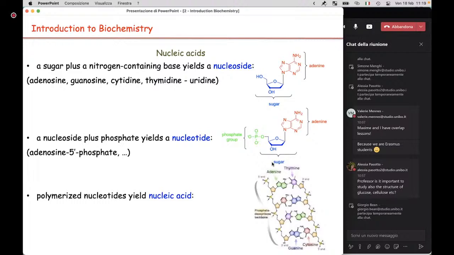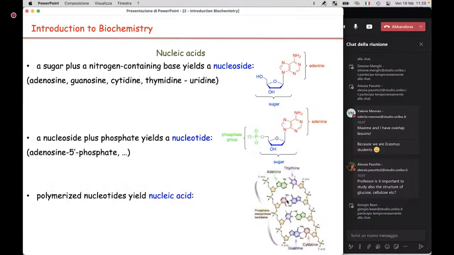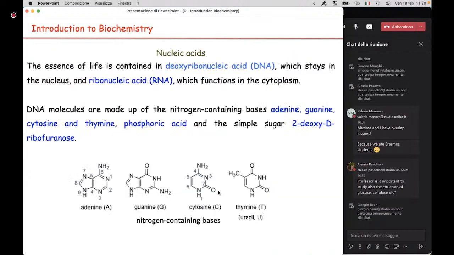In particular, adenine always couples with thymine, and guanine always couples to cytosine. Here you can see guanine and cytosine.